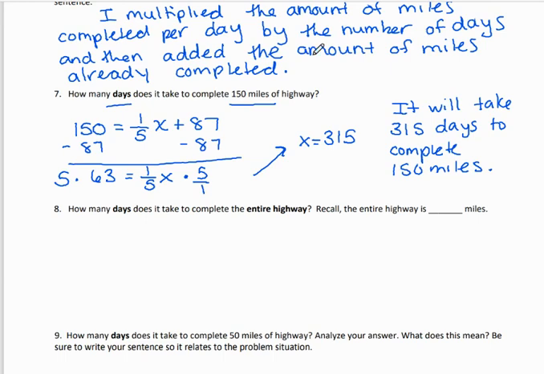Good, people at home chiming in. So let's write that into that little line there. And so this problem will be just like number 7, but we had to remember 267 is what they're asking for. So we'll have 267 equals 1/5 X plus 87.